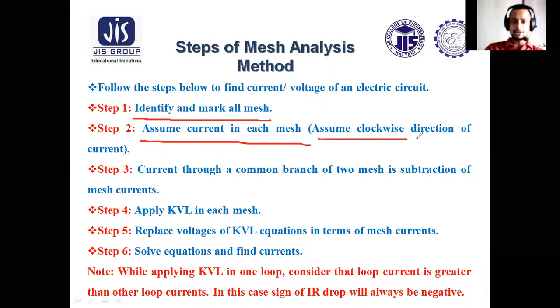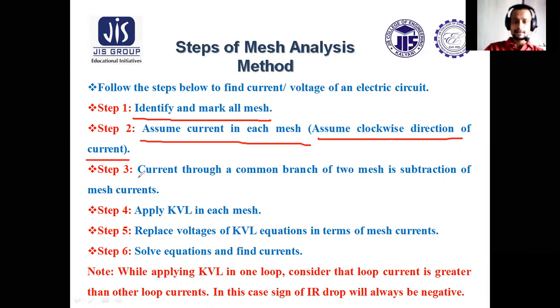Let us assume clockwise direction of current all the time. You may assume anti-clockwise direction. It would not affect your result. But for better understanding, to avoid mistakes in calculation, let us assume clockwise direction of current for each loop all the time.